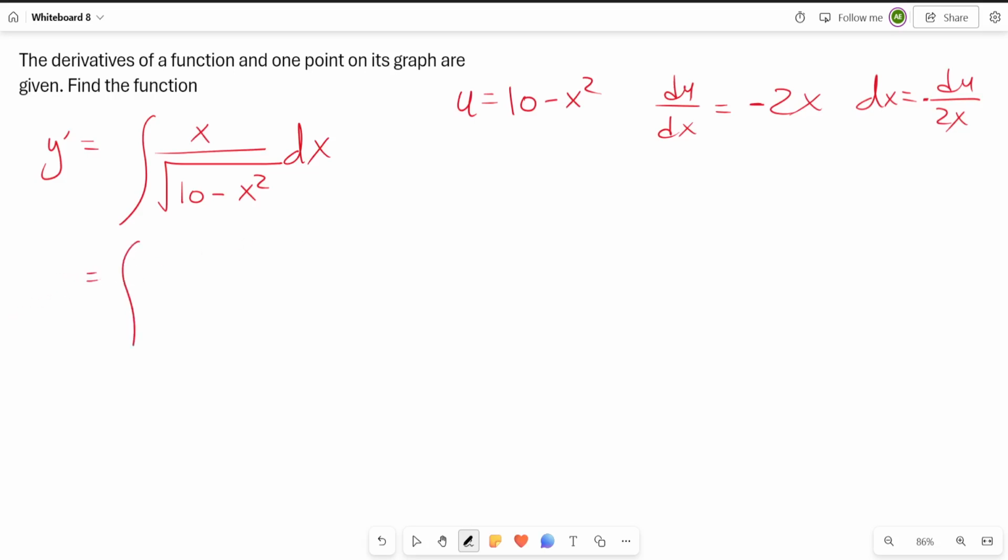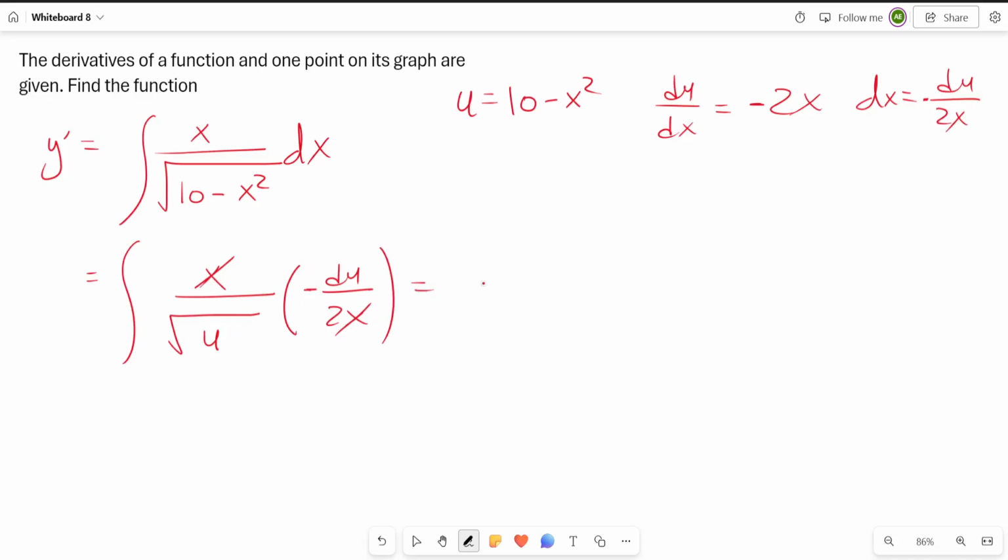So let's substitute everything. This is equal to the integration of x over square root of 10 minus x squared, which is now u, and dx is now negative du over 2x. From here I can see that this x and this x will cancel, and I will have everything in terms of u.